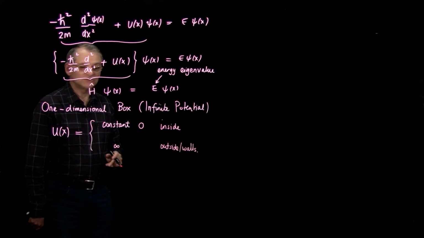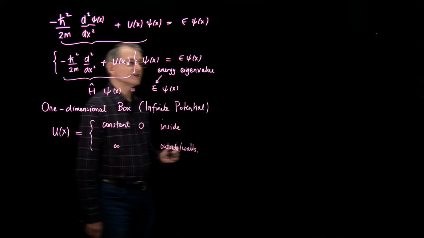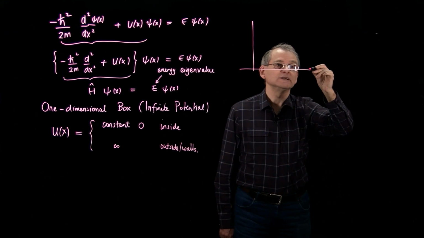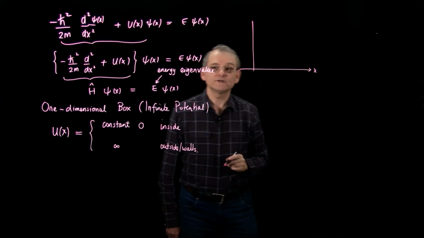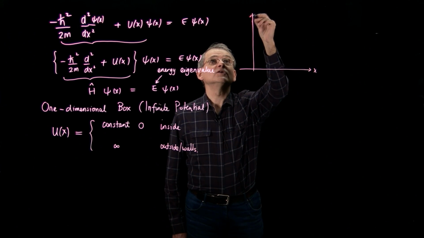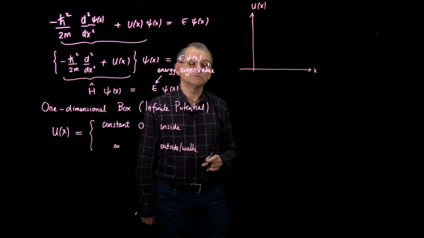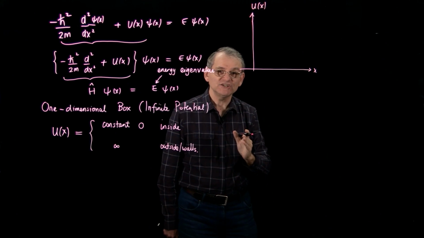All right, so let's sketch what this potential energy function will look like. So the potential energy function, here's the x coordinate here. I'm going to represent the potential energy function, also referred to simply as the potential, but remember it's a potential energy.